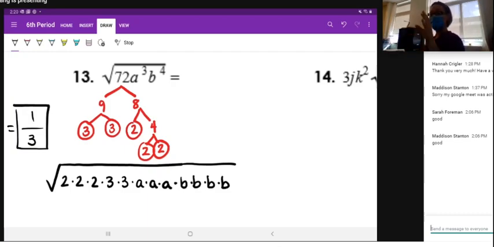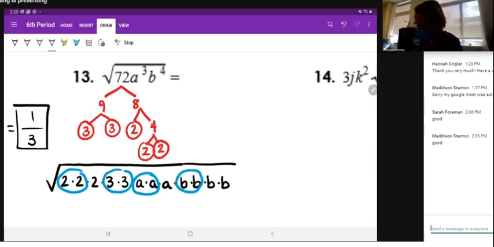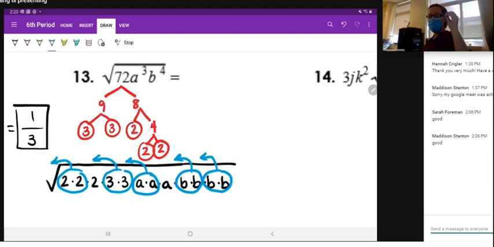Step 2 is find pairs of factors and pull those out front. So I'm going to circle any pairs I see. I see 2s, I see 3s, I see A's and B's and B's. Each one of these pairs can move out front. The thing is, when we move it out front, we pull the pair as a unit.